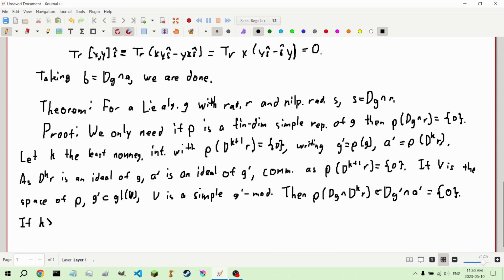If k is greater than 0, then the kth derived series of R is inside the derived series of G, and rho of the kth derived series of R equals 0, but we said that k is the last one that will be not 0.